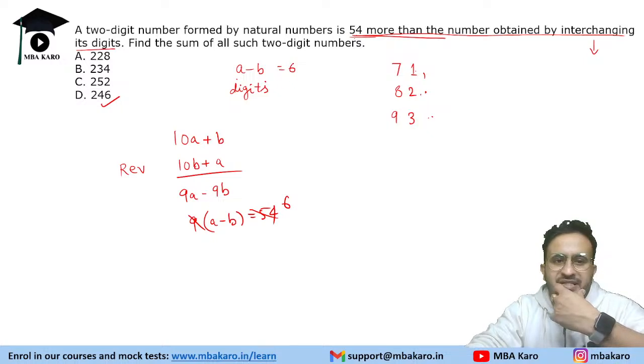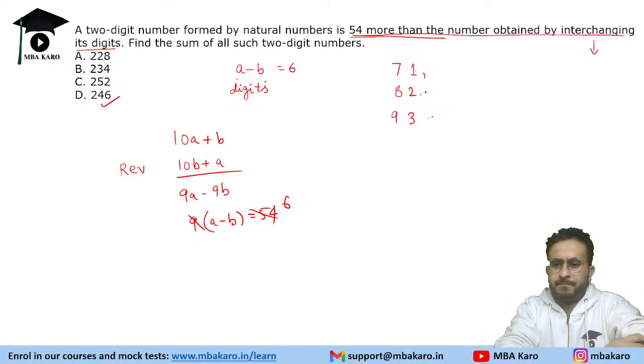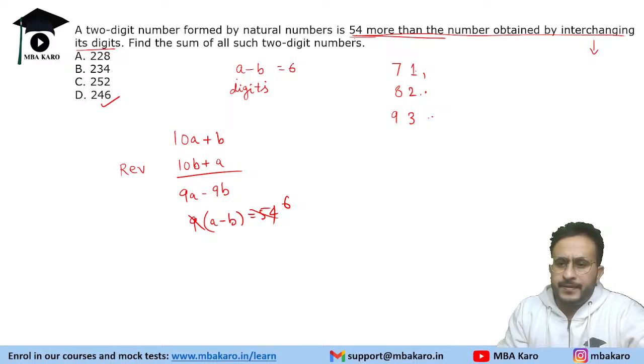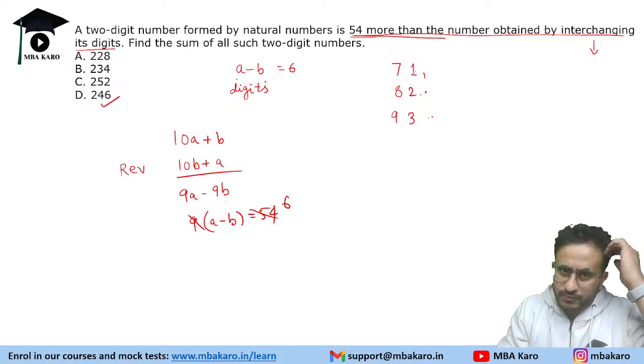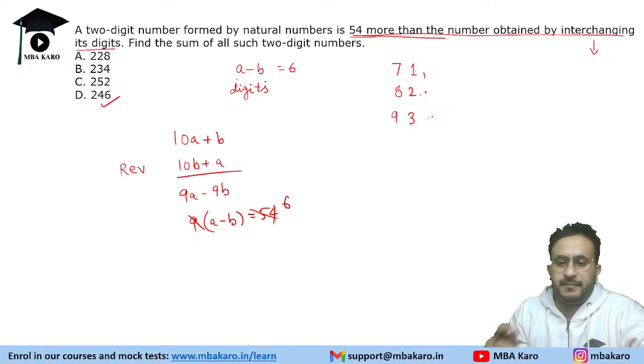60 will also be added, not 60. The sum of the two digit numbers formed by natural numbers is... 60 will be added. Yes, 60 is possible. Technically 60 would also be possible, right? But the option is C. Sometimes you will have to take a call.